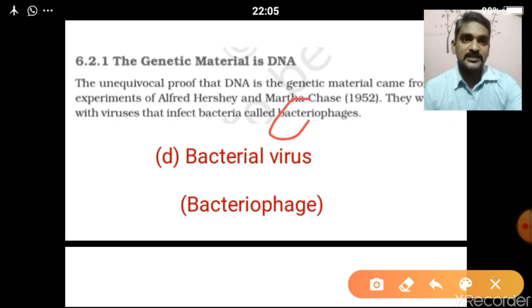It is bacteriophage. What do you mean by bacteriophages? That is a virus which infects bacteria. So that is bacterial virus. So the answer will be bacterial virus. Based on this experiment only, the proof was given that DNA is the genetic material without any doubt.